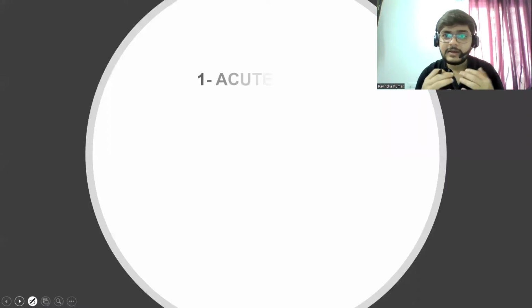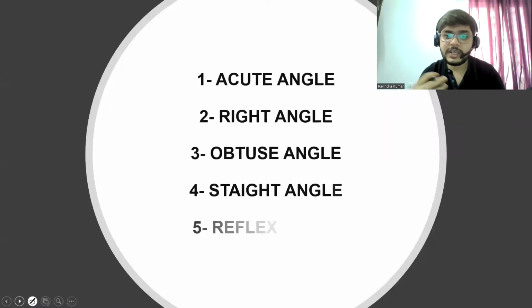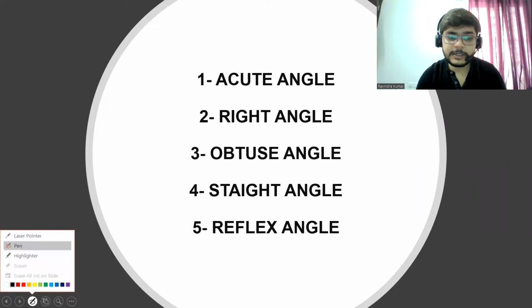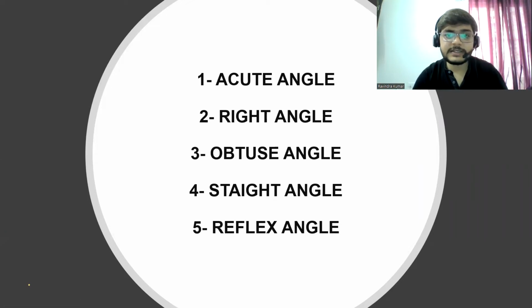Just keep in mind or remember, these are basically the main types of angle. The very first one is the acute angle. The second one is the right angle. Third is the obtuse angle. Fourth is the straight angle. And fifth is the reflex angle.